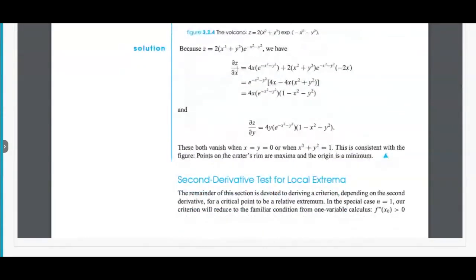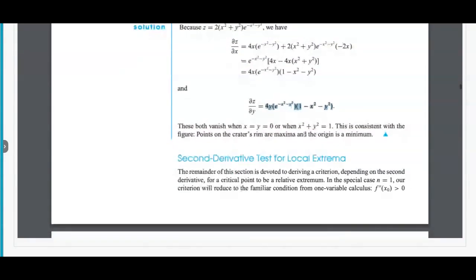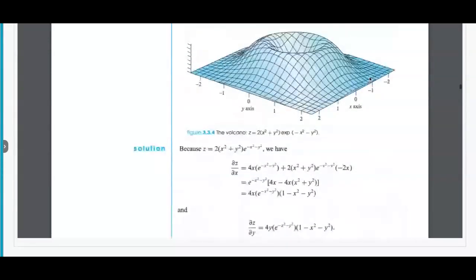If we take the partial of z with respect to x, we get this. Then because it's symmetric, we change the positions of x and y, and we get the partial in the y direction. So when x equals y equals 0, we get 0, because y equals 0 gives 0 and x equals 0 gives 0. And when x squared plus y squared equals 1, the unit circle.